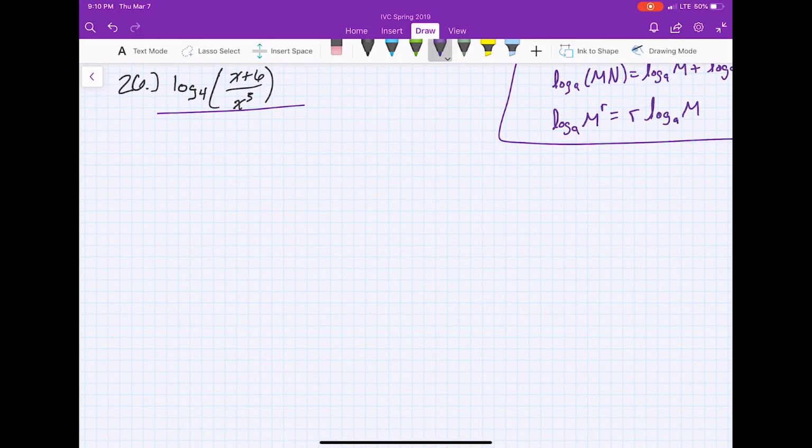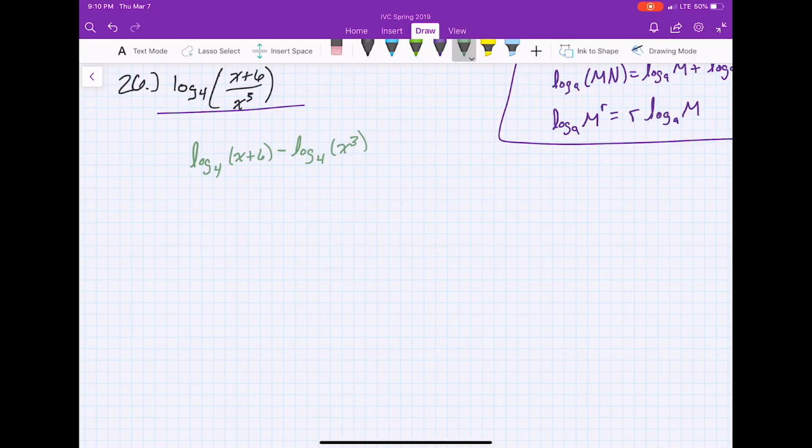So since it's a division problem, we're going to use a subtraction, right? So we're going to rewrite this as a subtraction problem. So we're going to end up with log sub 4 x to the 6th minus log sub 4 x to the 3rd. I don't know why I put brackets there.